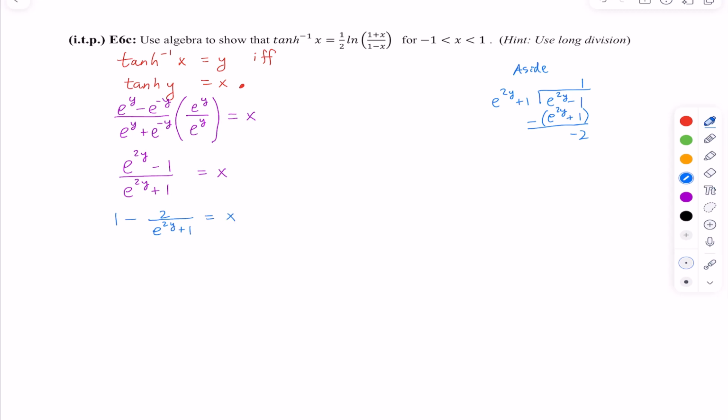Now we get this nifty equation, and our goal is actually to solve for y.